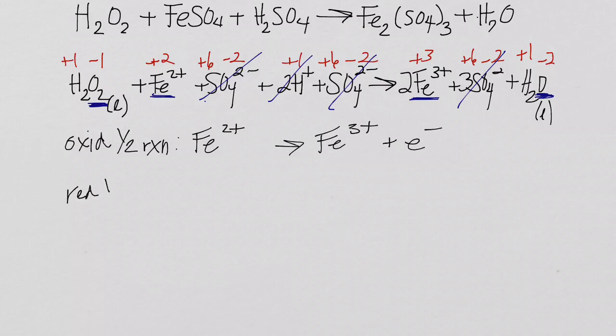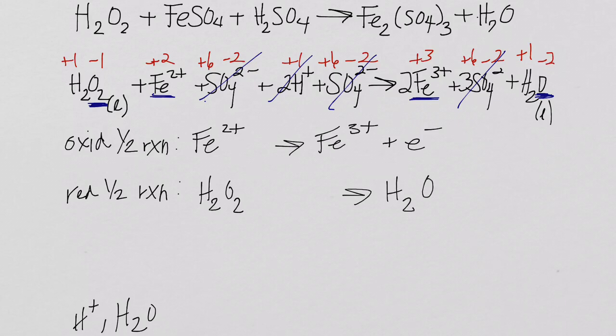The reduction half reaction is a little bit more complicated, and what I failed to mention in the beginning is that this problem is in acidic solution, which means I've got hydrogen ions and water that I can use to help balance this equation, because if you look at it, I've got hydrogen peroxide going to water, and no matter what I do to the coefficients out in front here, I can't get it balanced because I've got 1 extra oxygen compared to here.